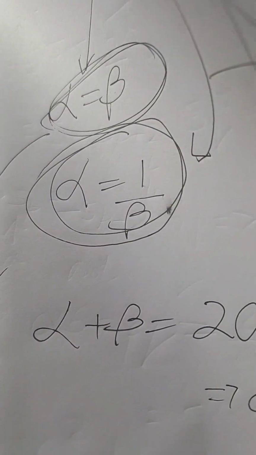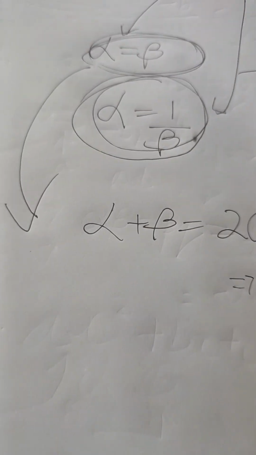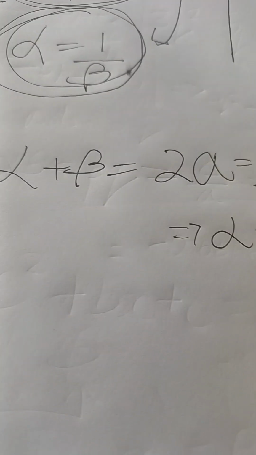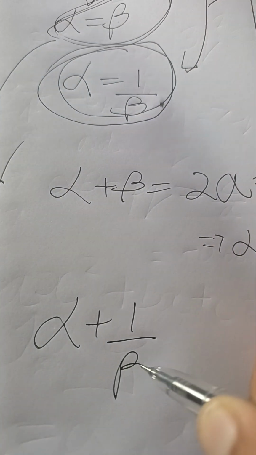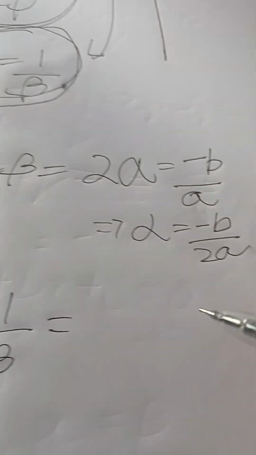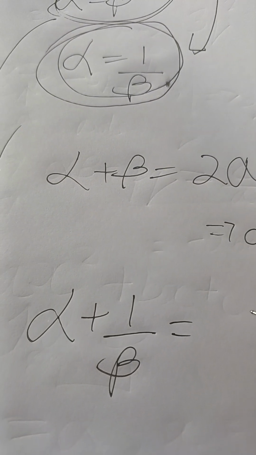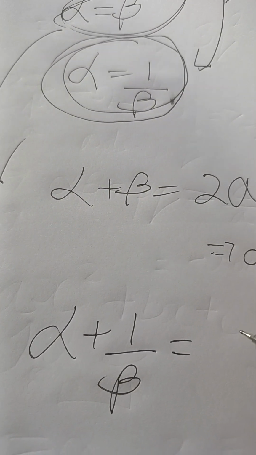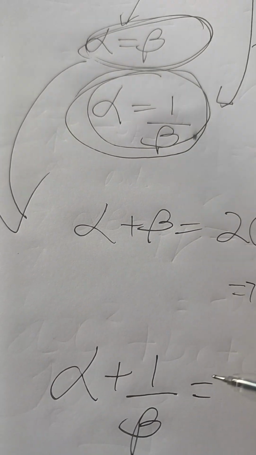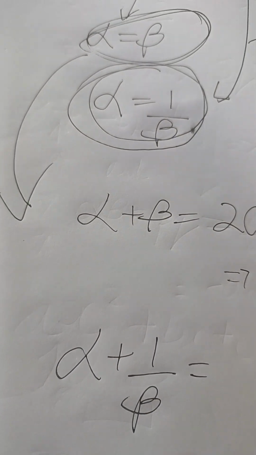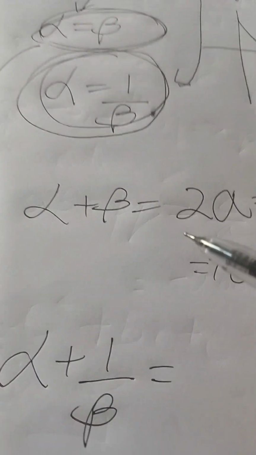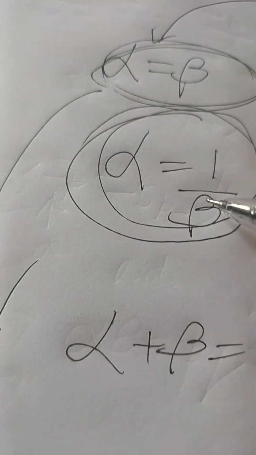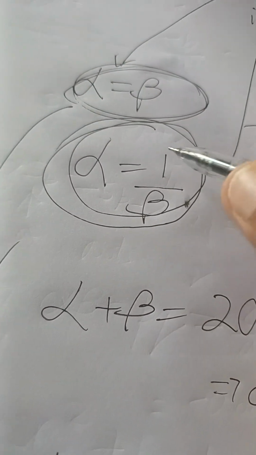Now for reciprocal roots, wait, it's not equal to 1 by beta.